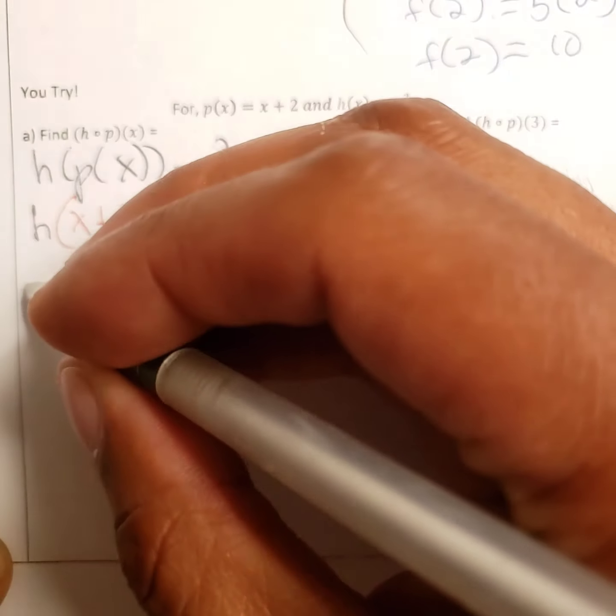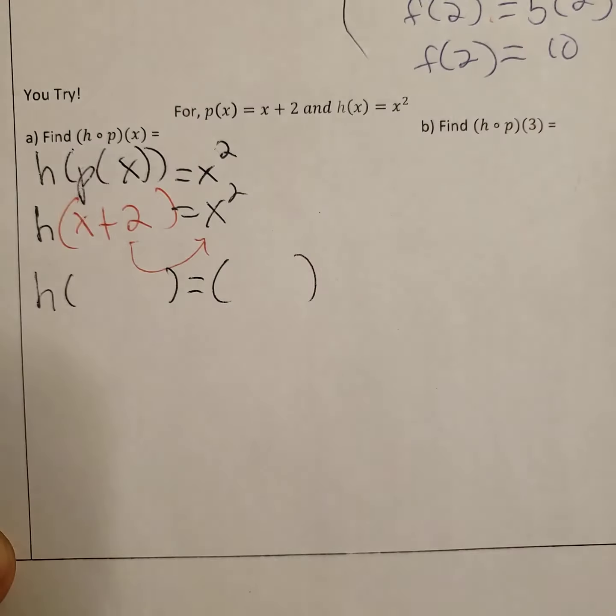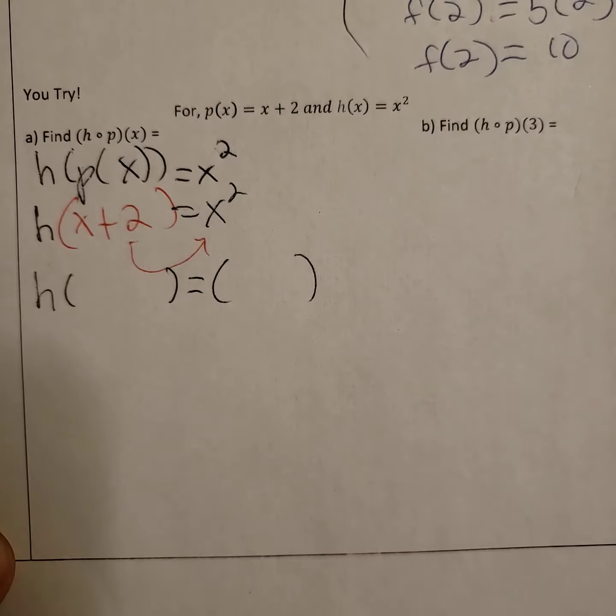So when we do that, we're going to have x plus 2 squared. So we're just substituting this thing in for x.